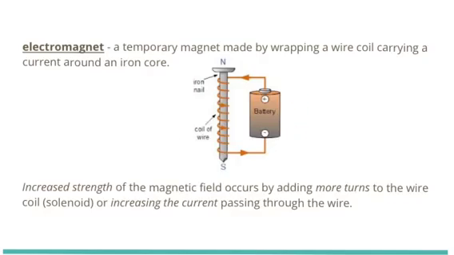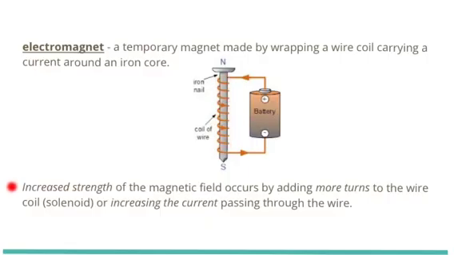Here's a little picture of this. We see a battery, the current flow going this way, and we've got an iron nail here with several coils going around it. As the coils go around the nail, it magnetizes the nail. It's magnetized by induction because of the magnetic field around the wires that are surrounding the nail itself.